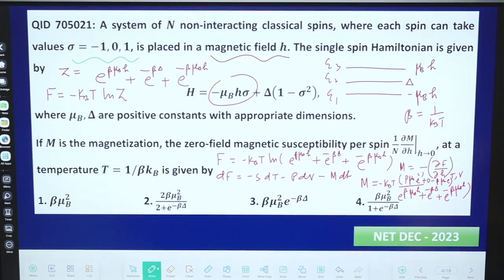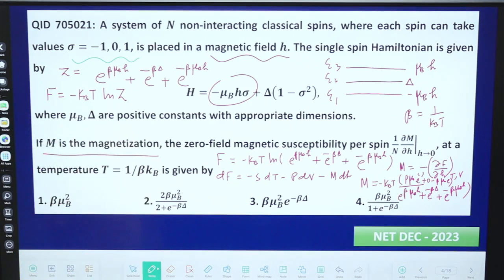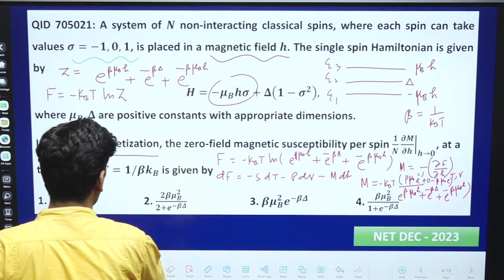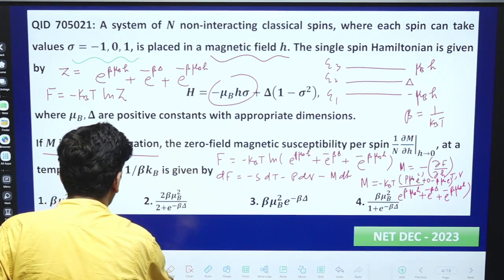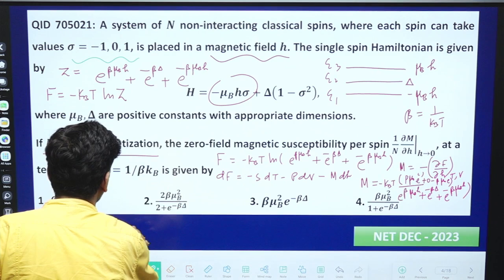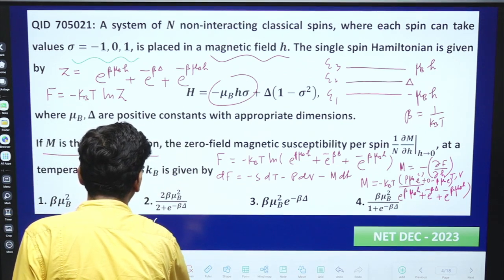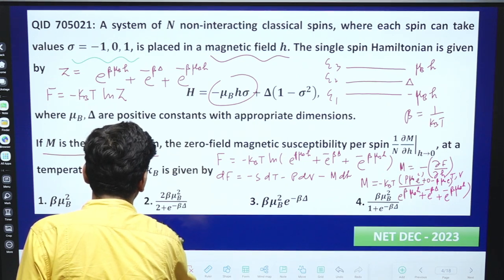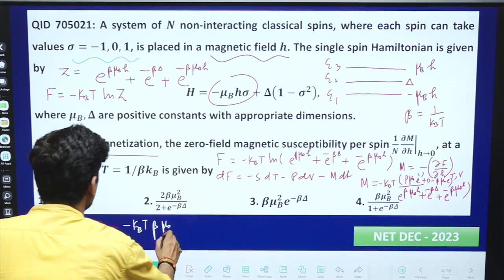This is the value of capital M. For small field, M will be equal to minus k_B T, and beta mu_B is common, so take it common.